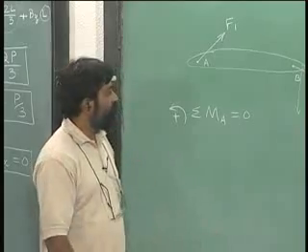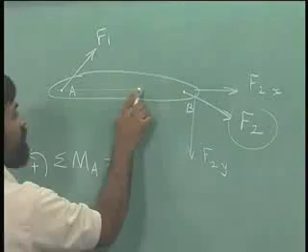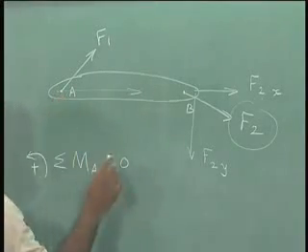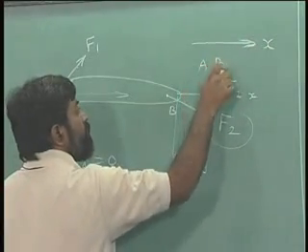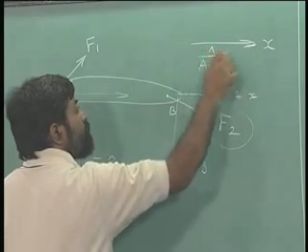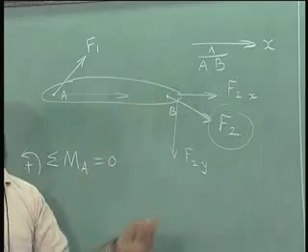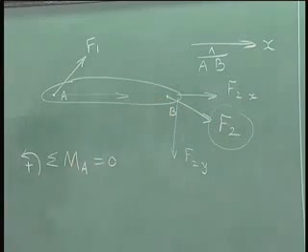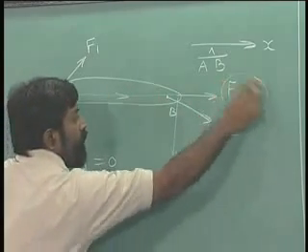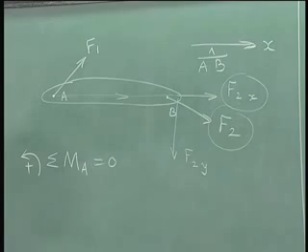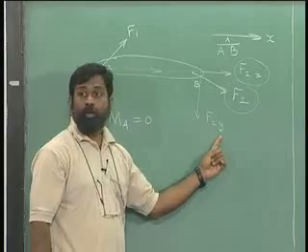The immediate thing that we find is, since this x, let us say x is along this direction, if x were along AB, if I take AB and set that to be x direction, then I know if I take moment about this particular point, F2x will not take part in the moment. The only force that will take part in the moment is F2y.